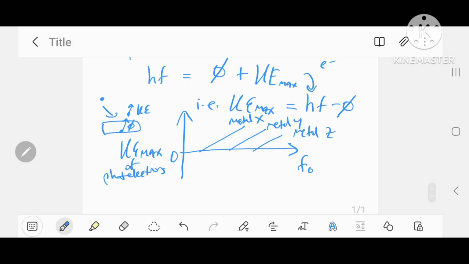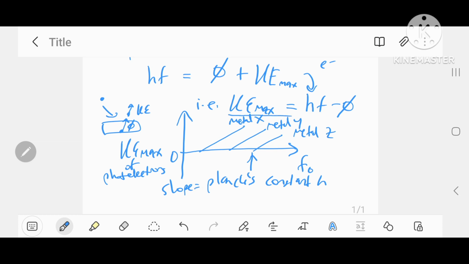Apologies, I'm going to get rid of the H here. The threshold frequency, right? For any metal, you should get a straight line with a gradient equal to Planck's constant, h. In other words, the slope is equal to h.